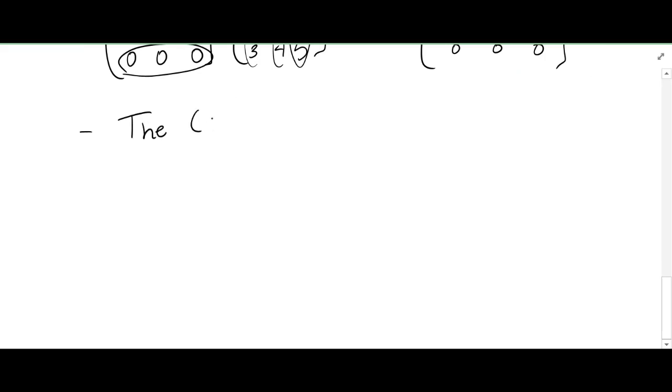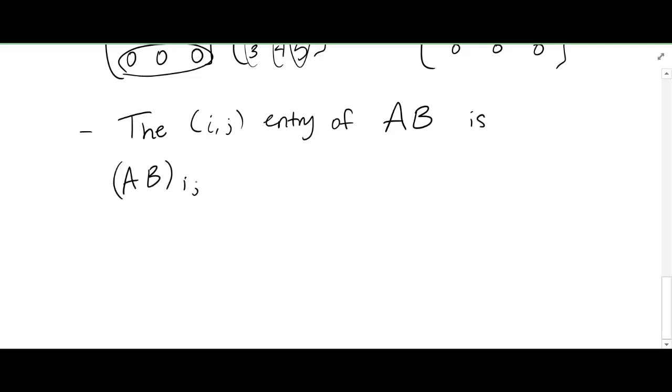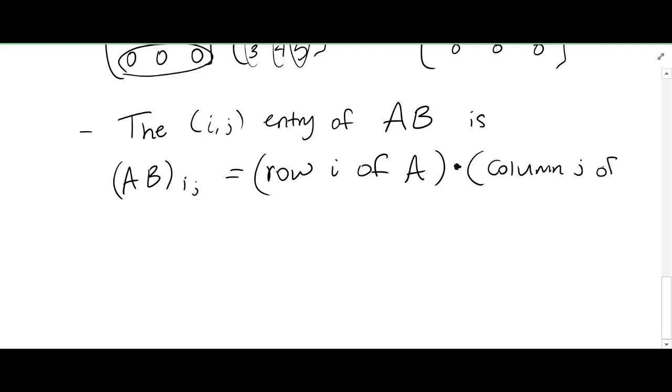The ij entry, so the row i, column j entry of the product A times B, which you can denote (AB)ij, is row i of A dot product with column j of B.